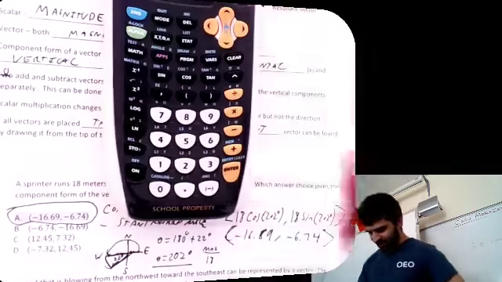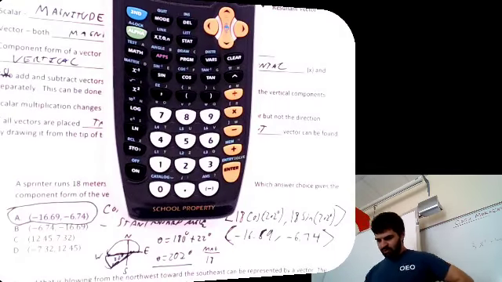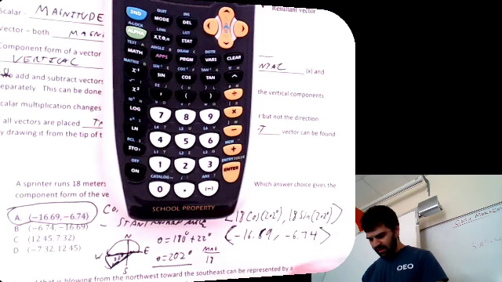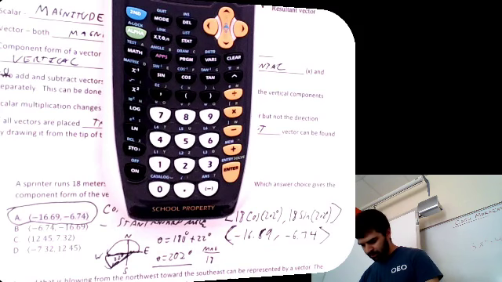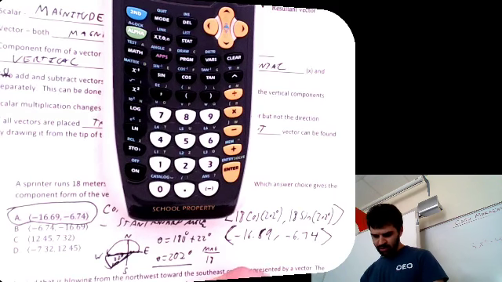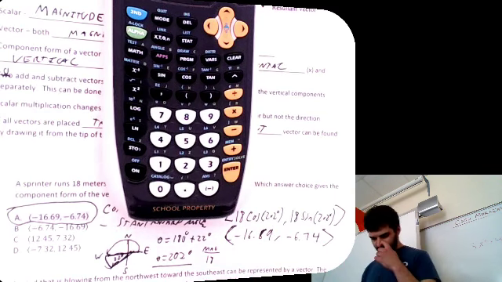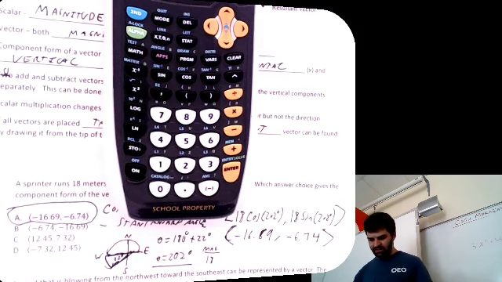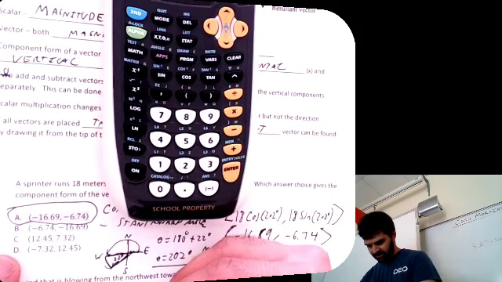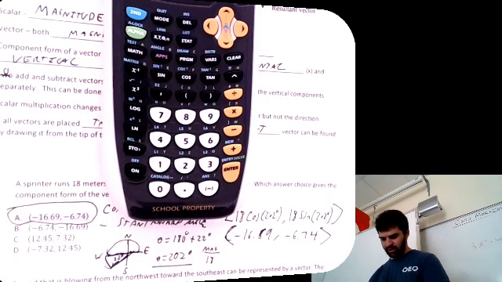If our x component is negative and our y component is positive, that's going to put us in quadrant 2, because we're going west and north. So that means the actual value of this angle is going to be right here. It's going to be 180 minus 34.695, not the calculator output.